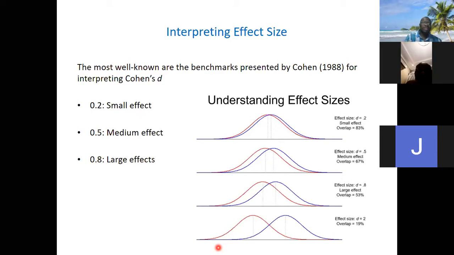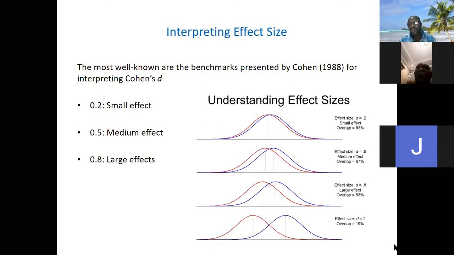This one is not actually bounded like a correlation, but whenever it's 0.2 and below, say small size, 0.5 medium size effect, and 0.8 and above, large effect.